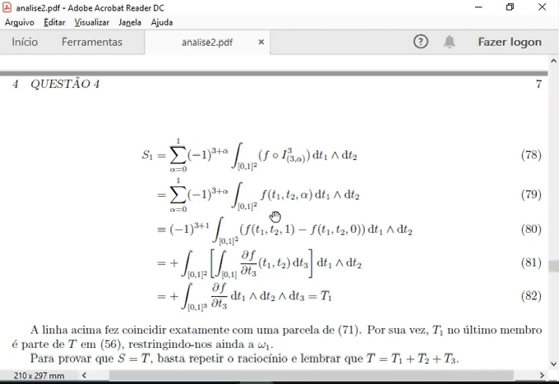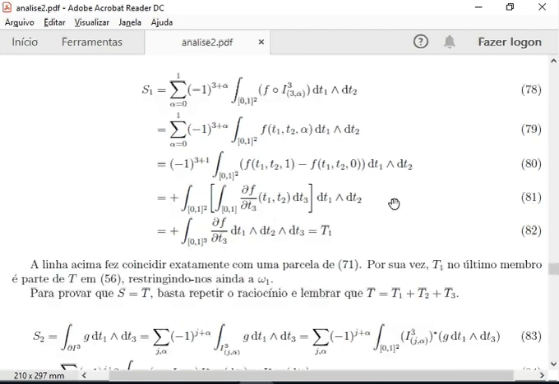To the next line, we substitute I3, 3 alpha by t1, t2, alpha. Alpha equals 0, alpha equals 1. It's the cube 0, 1, dt1, dt2.